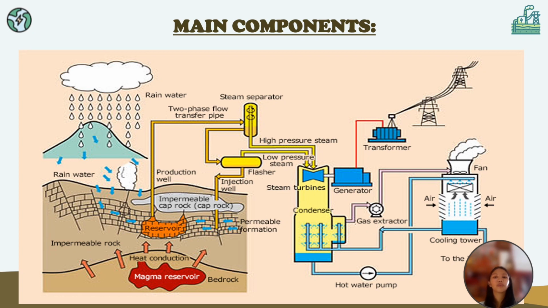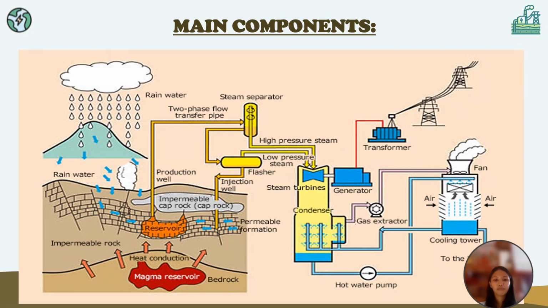Each of these components plays a crucial role in the efficient operation of a geothermal power plant, enabling the conversion of geothermal energy into electricity. The choice of components and their configuration may vary depending on the specific type of geothermal power plant, like the dry, flash, and binary cycle, and also the characteristics of the geothermal resource.